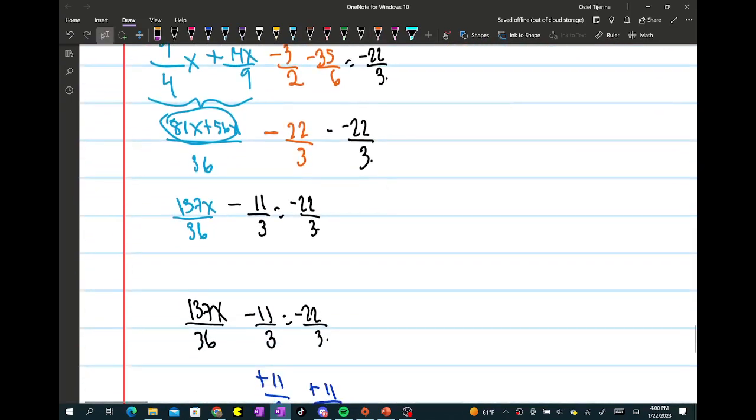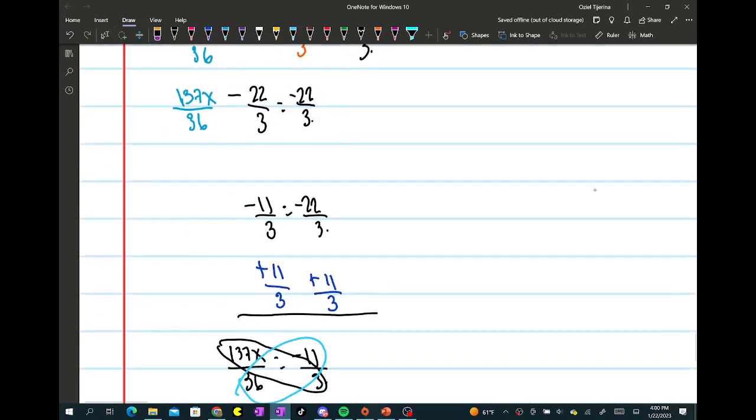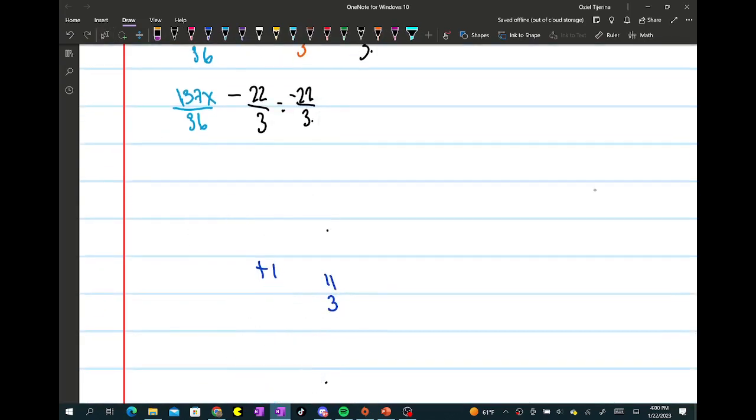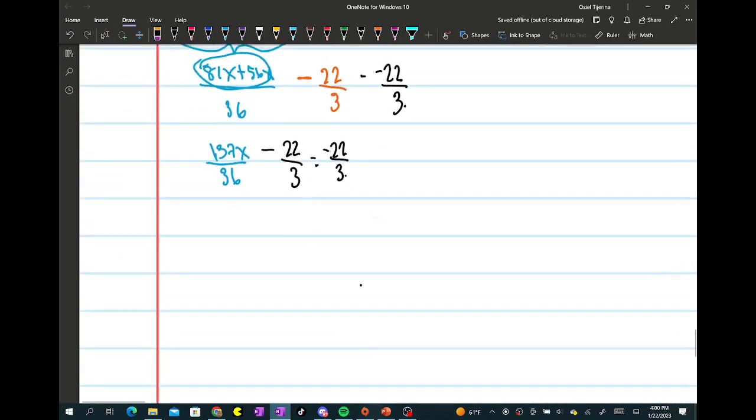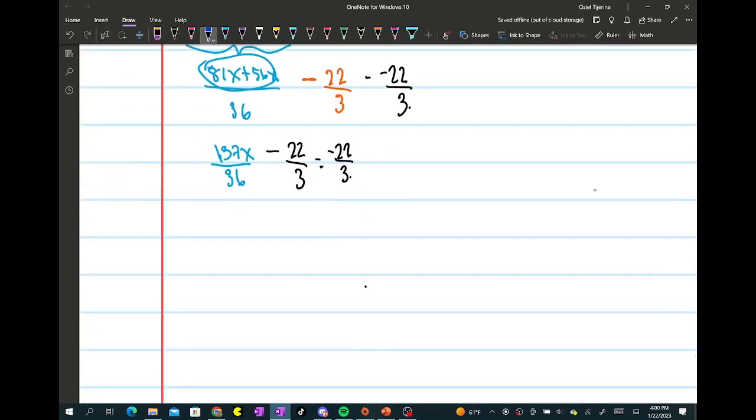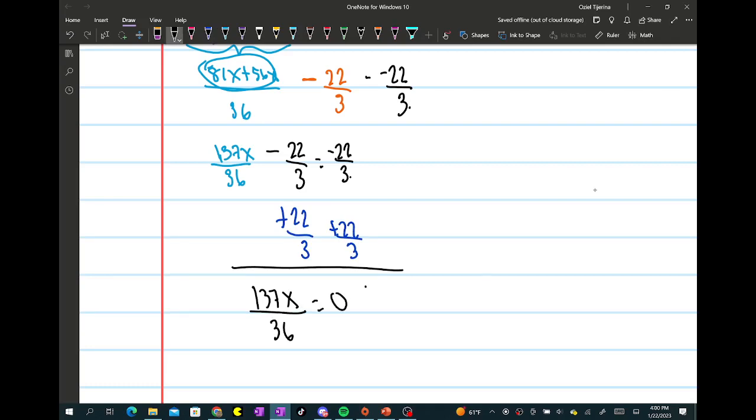So it's going to be minus 22 over 3 is equal to negative 22 over 3. And then, of course, we just add 22 over 3 on both sides. And of course, I think we all know what the answer is going to be. 137x over 36 equals 0.